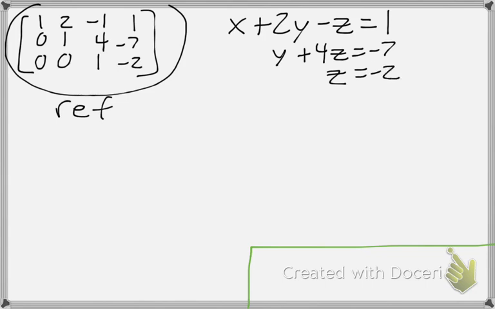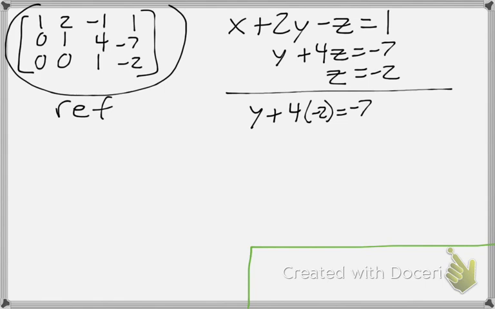So again, this is that triangular system that we've been trying to get. And the reason why we want to get that is because we can back substitute here. So I know z is equal to negative 2. If I substitute that into the one above it, then y plus 4 times negative 2 is equal to negative 7. y minus 8 is negative 7, and y is equal to 1.